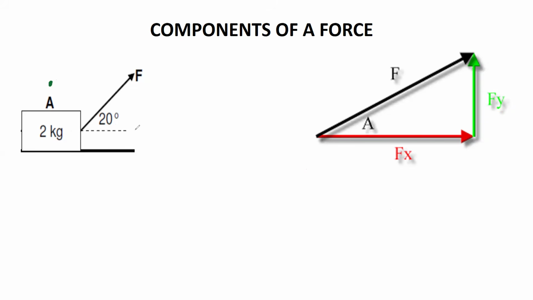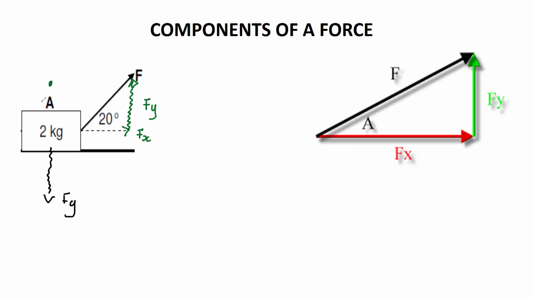Considering this object here, this is my Fy, and this direction would be my Fx. I think you guys must have done tail and head, tail and head. So I want you to notice something about the 2 kg. There is a force acting downward as always.